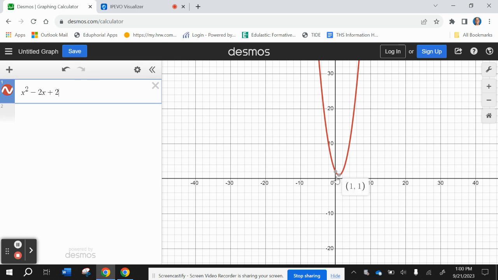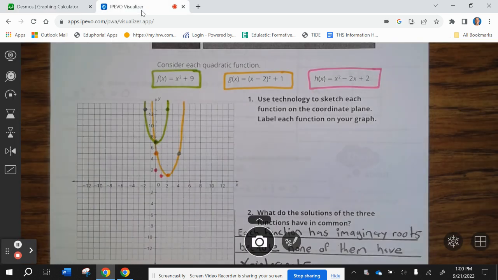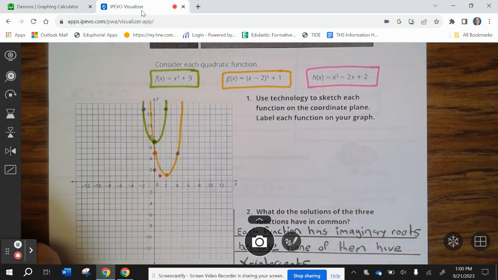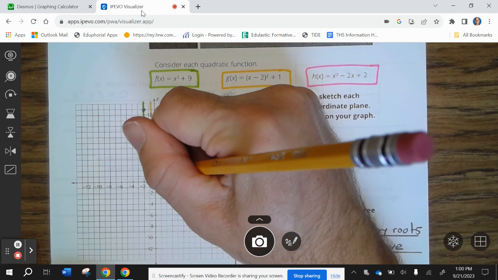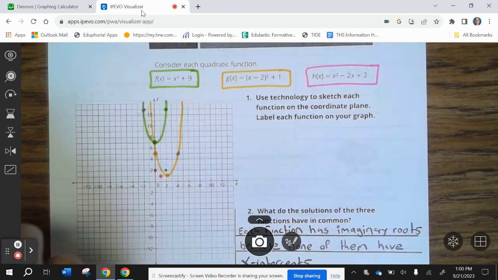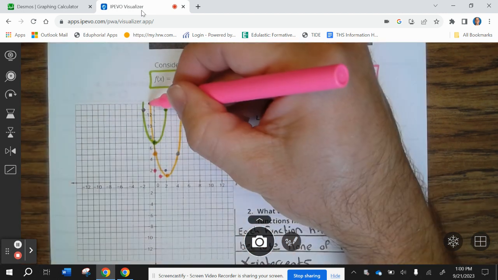All right, let's see what we got here. 1, 1, 0, 2. Good, we can use those. So 0, 2. And then 1, 1. Now, if I go up 1 to the left one, I have to go up 1 to the right one.